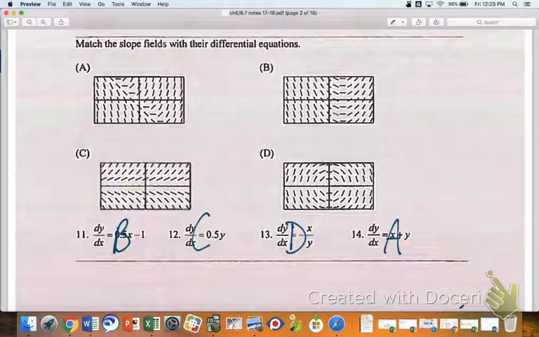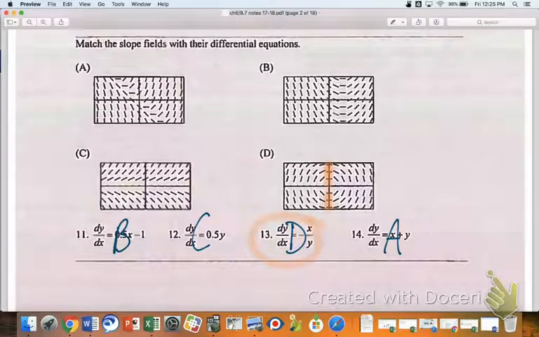But let's try to picture this. What if you hadn't done that? What could you do to differentiate between 13 and 14 and D and A? Yeah, you got to plug and chug, and I think there's going to be some points that are helpful, others that aren't. I'm looking at this, and I see up here and up here, I see slopes of 0. So that tells me that whenever the x-coordinate is 0, dy dx is 0, and to me that only works with this one.